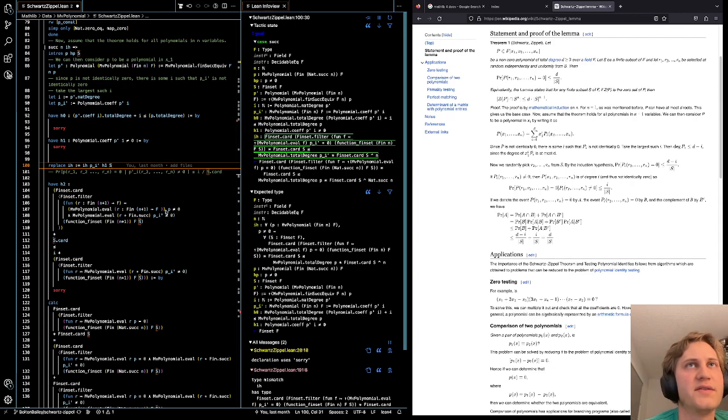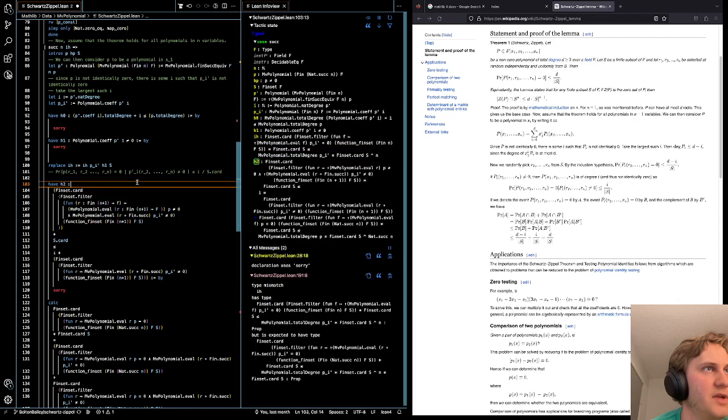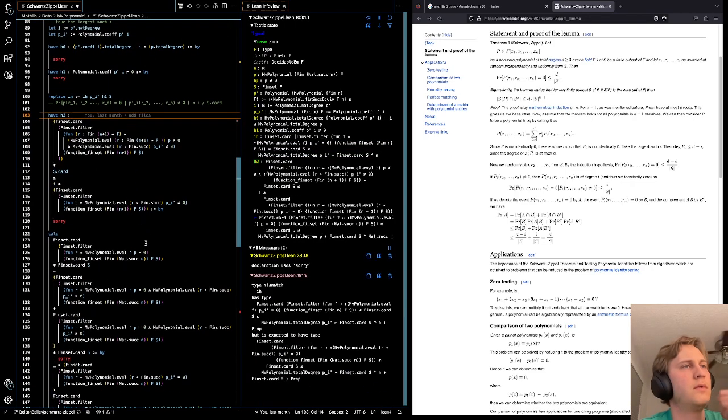I'm filtering non-zero things, whereas here I'm filtering the zero things. That's somewhat interesting. Maybe I'll just skip the interpretation of this a little bit.